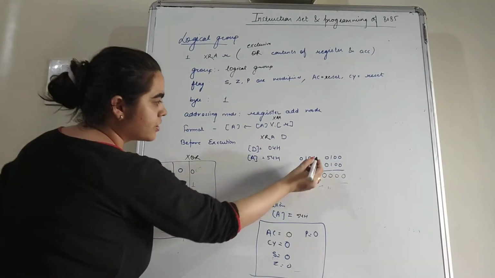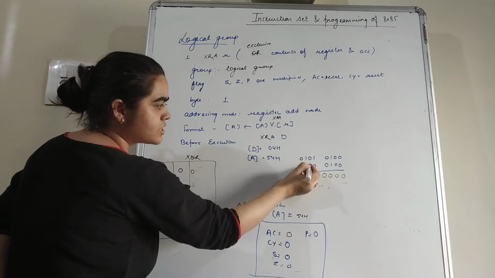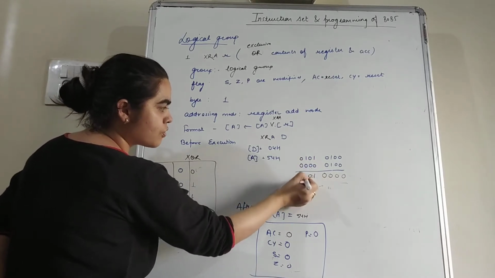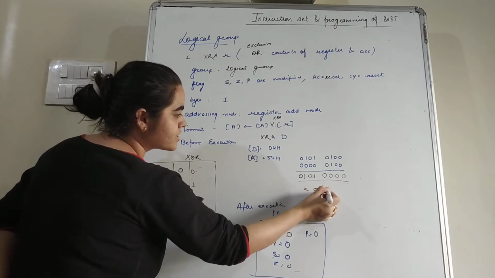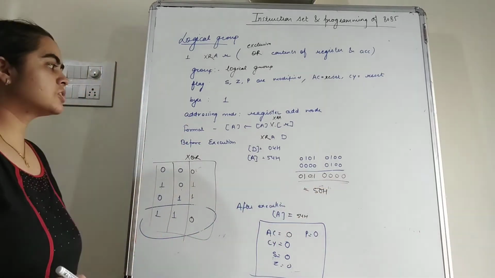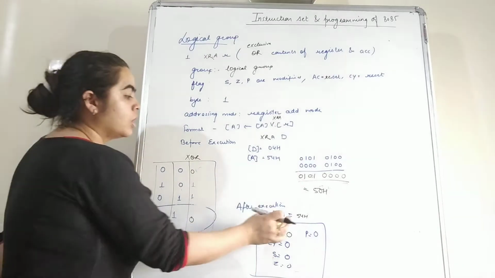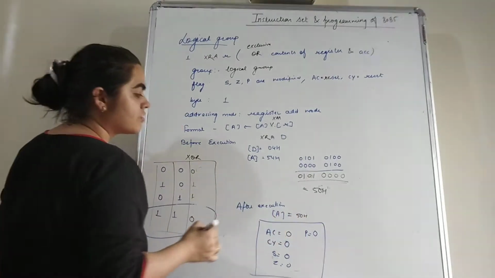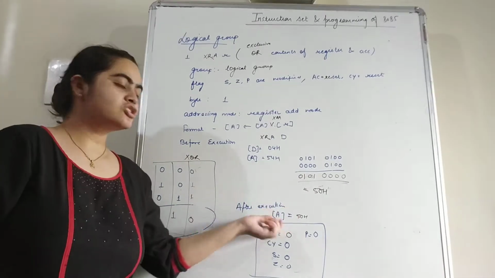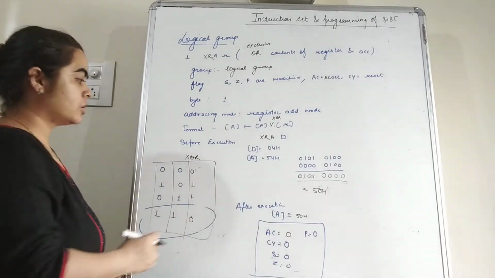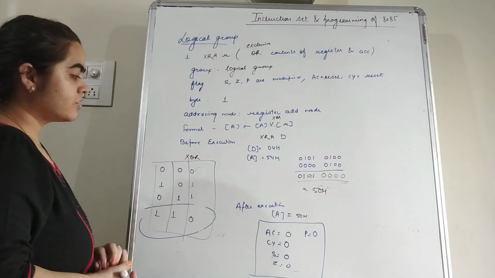Now you can see here 1 and 0, result is 1. 0 and 0, 0. 1 and 0, 1. 0 and 0, 0. So output after the execution of this instruction is 50H. So accordingly we can change the value of the accumulator, because after XORing the contents will be saved in the accumulator, and accordingly we can see the value of the flag.